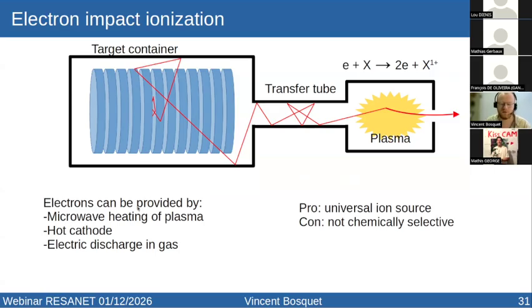The second would be to provide electrons via emission from a hot cathode. And you could also use electric discharge inside of a gas. The advantage of this method is also its disadvantage. It is universal. It's able to produce almost all elements, but you won't have any chemical selectivity.